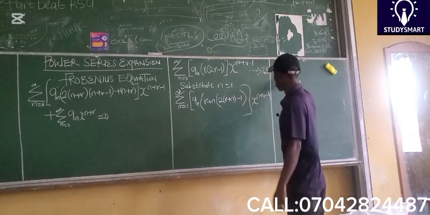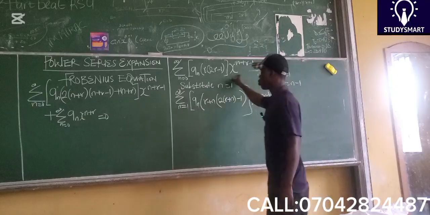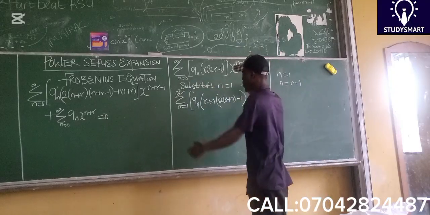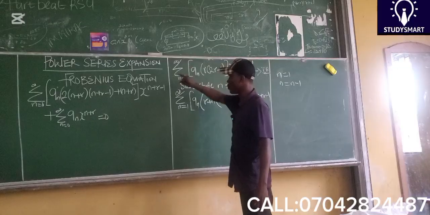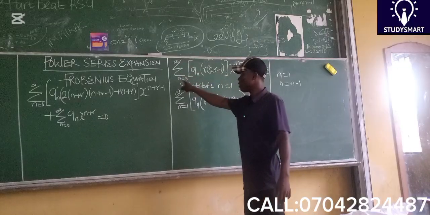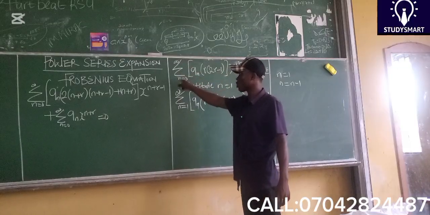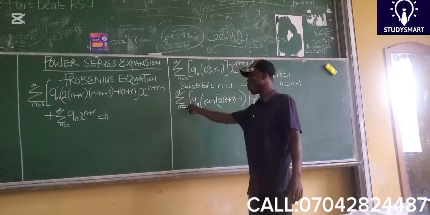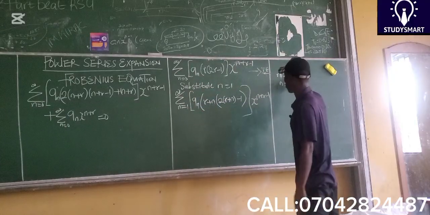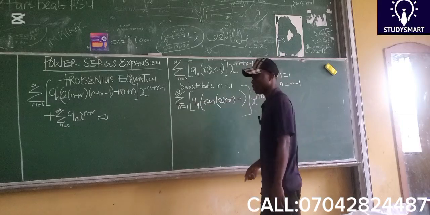That's what it means. I'm going to substitute n equal to 1 to the initial equation here, and this n equal to 1 is only going for the summation here. So the summation of n equal to 0 to infinity changes to the summation of n equal to 1 to infinity. It means that n was only substituted at the summation here.